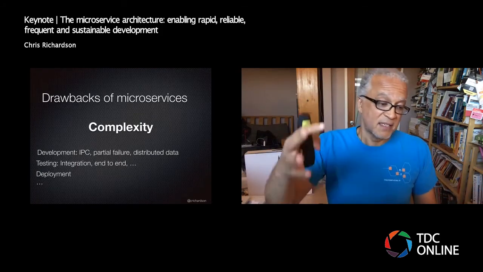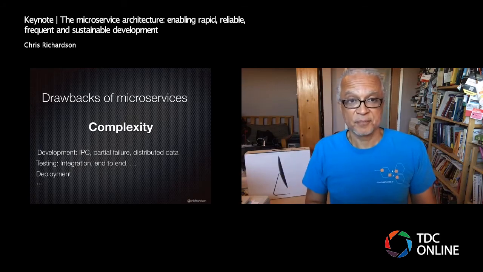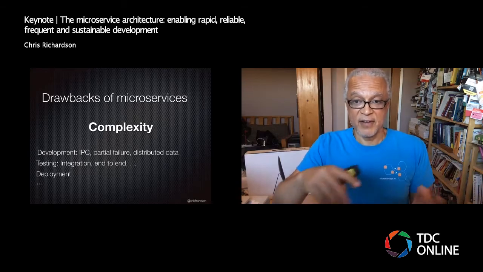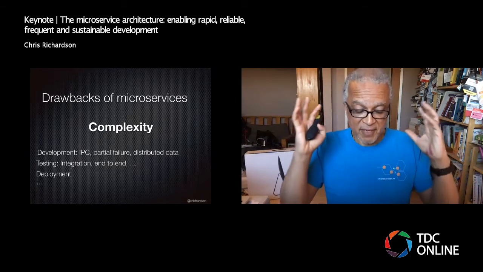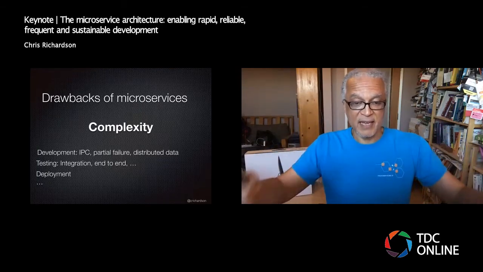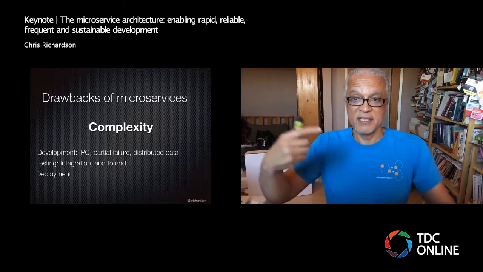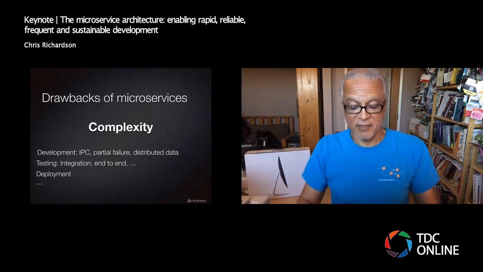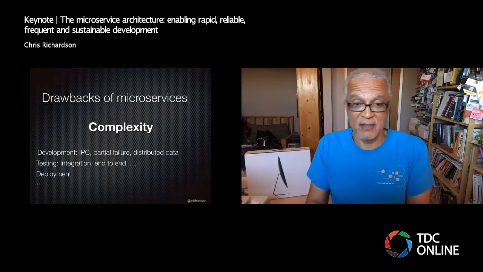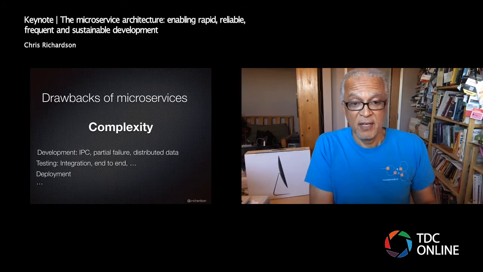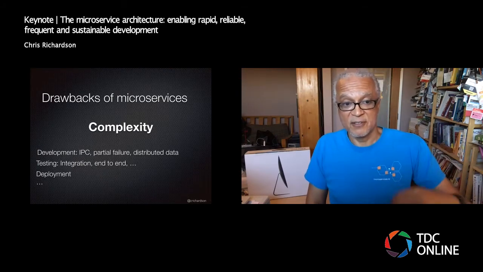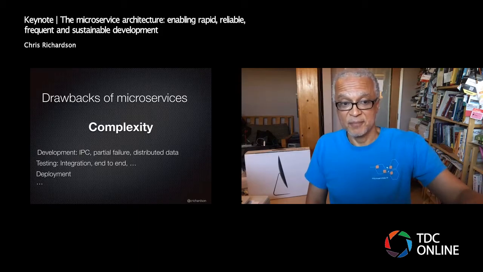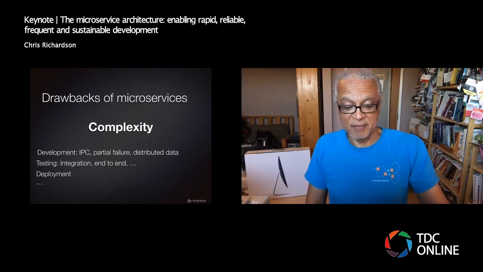So there are ways to tackle this complexity. There are some hard challenges, like correctly identifying service boundaries. That's purely a thought exercise that technology can't really help you with, right? So it requires you to have good architectural and design skills. So that's a challenge, and also refactoring a monolith to a microservice architecture. It's actually quite a challenging process.